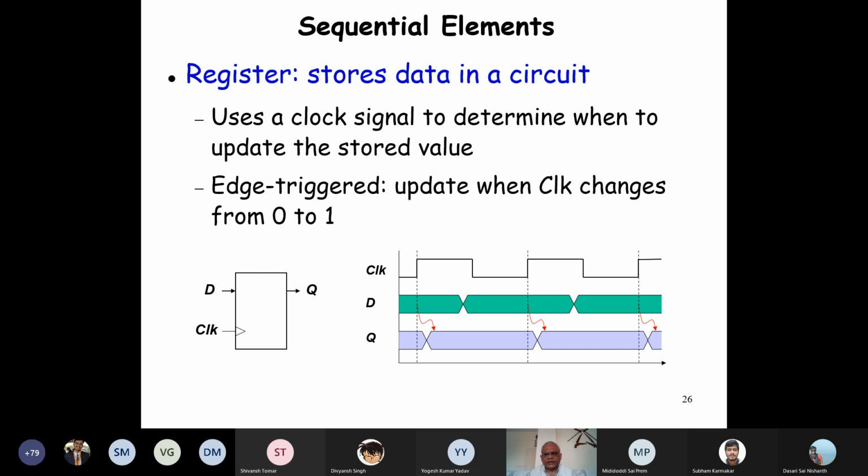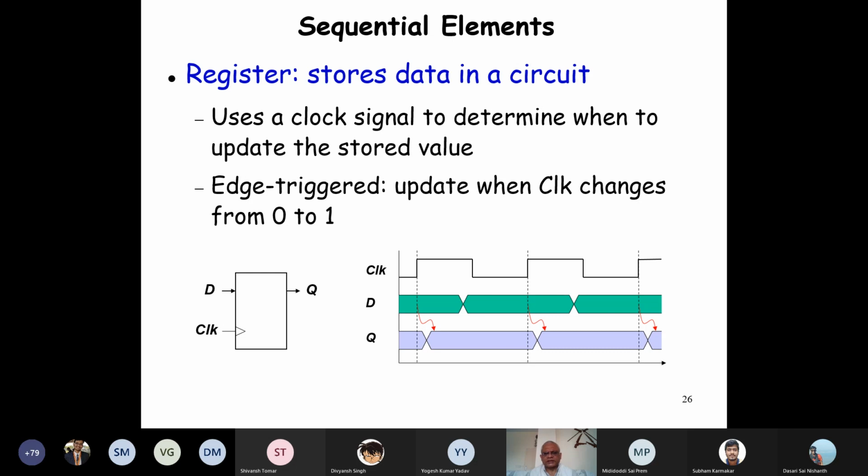We represent it in this way. This is the notation. See here at the top we have the clock transitions, and depending on what is in the input, that is the D bits, at the clock rising edge, these are sampled and reflected in the Q. So the output Q changes immediately after the clock. Till the clock it does not change. So the output changes that we represent in this notation.